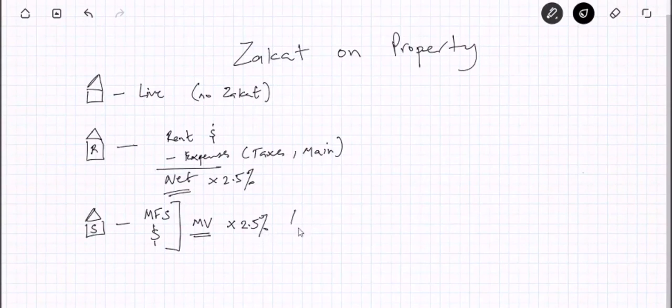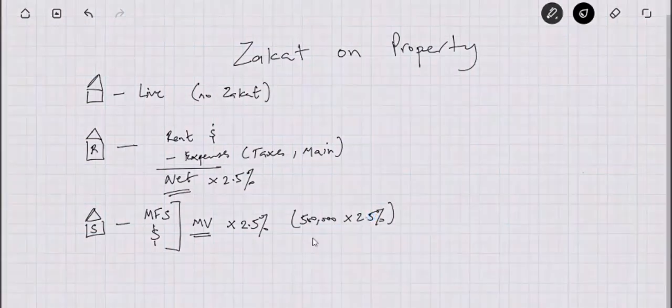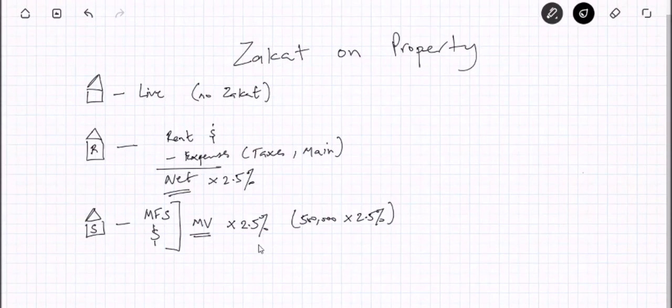So let's say the house was worth 500,000, then you would pay 2.5% on that. Obviously, this also takes into account the ownership percentage. So let's say you own 50% of it, then you would only be paying on 250K instead of 500K. So that's scenario number three.